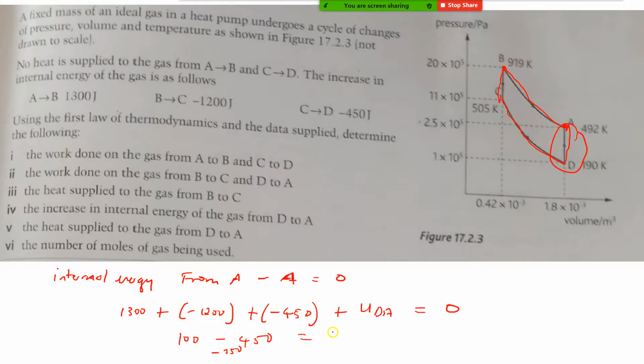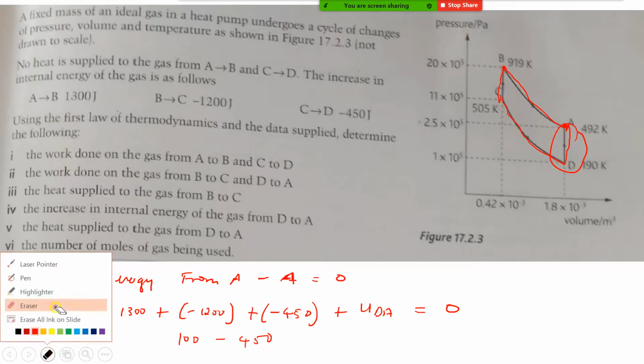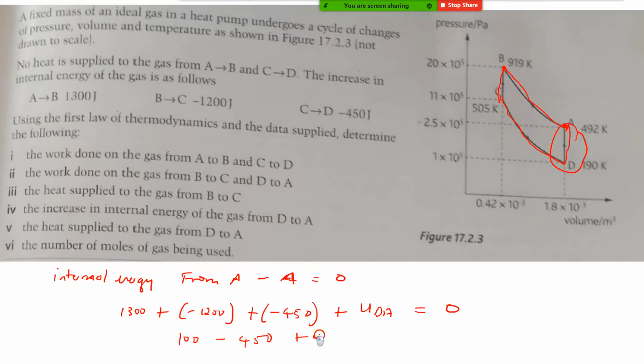So in essence, the internal energy from D to A is going to equal, is it minus? It's positive 350 joules.